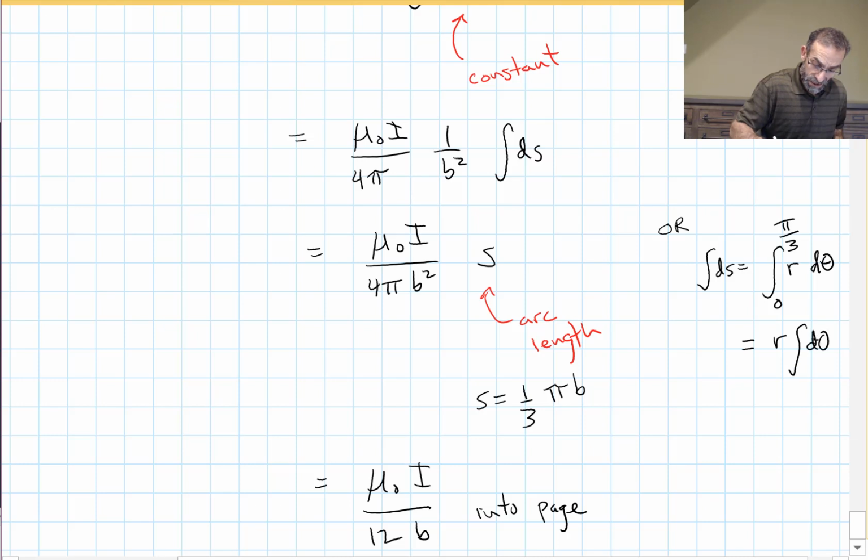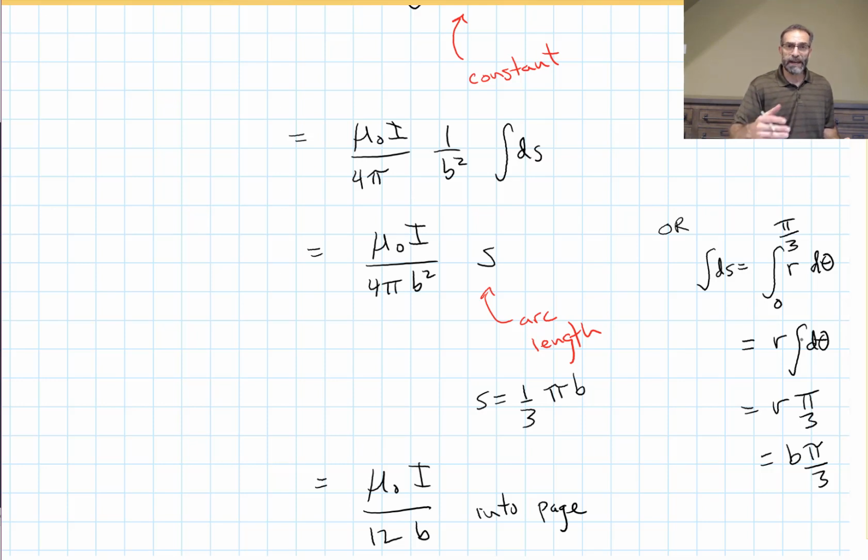Integral of d theta is just theta, going from 0 to pi over 3. We get the same thing. However you like to think about it. If you want to plug in the r d theta for ds, go ahead. If you see ds and go, oh, the integral of ds is just s, the arc length, that's fine too.